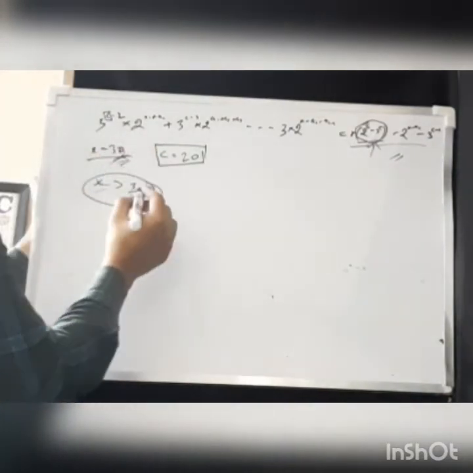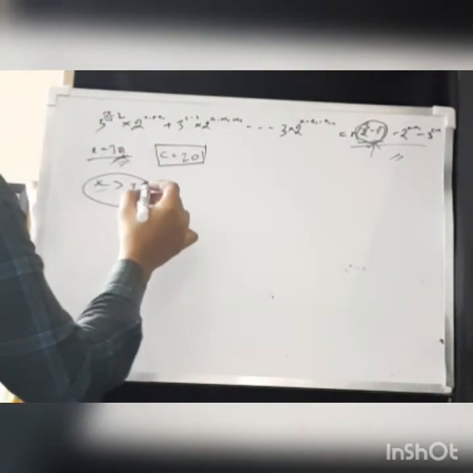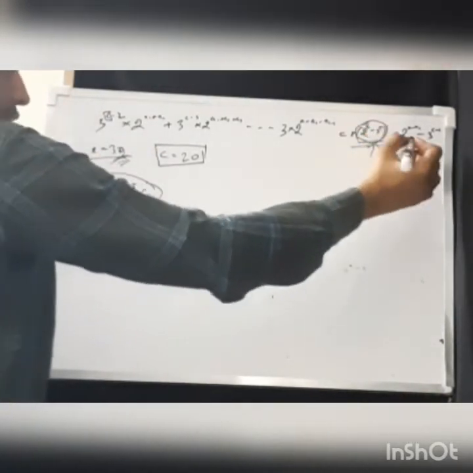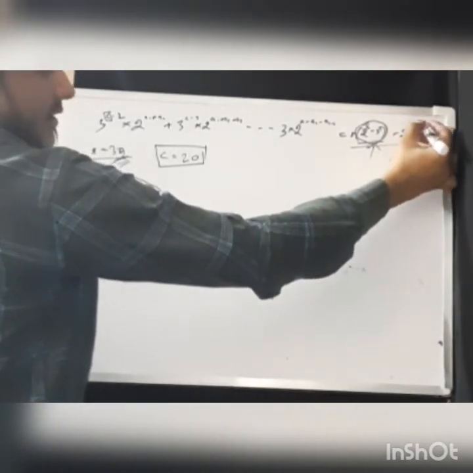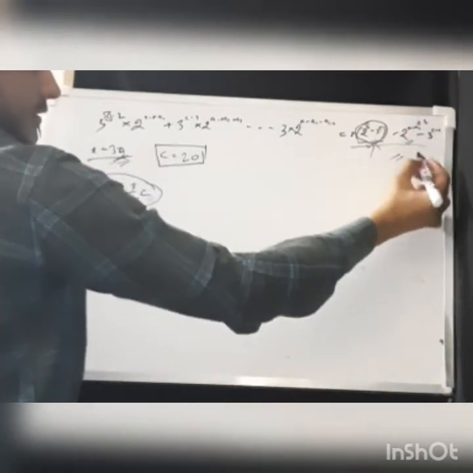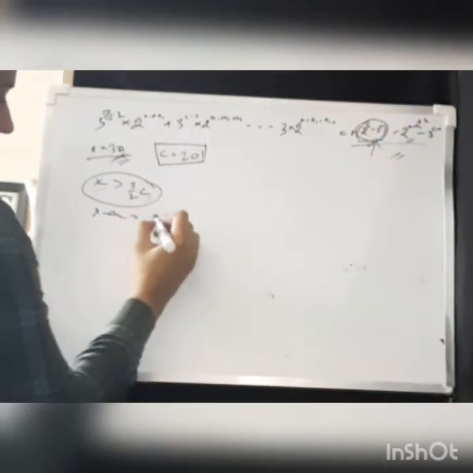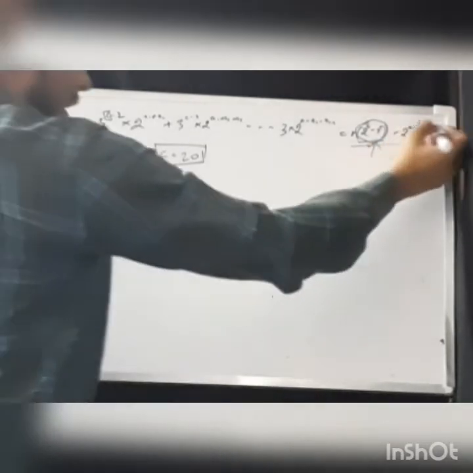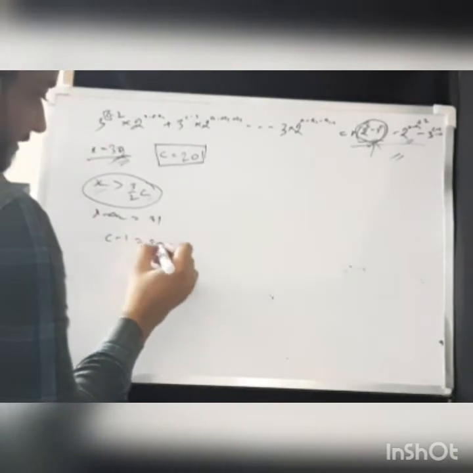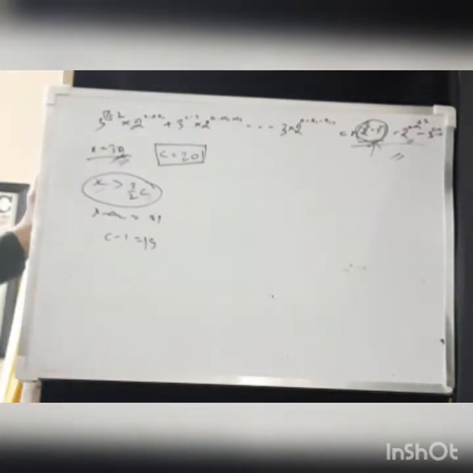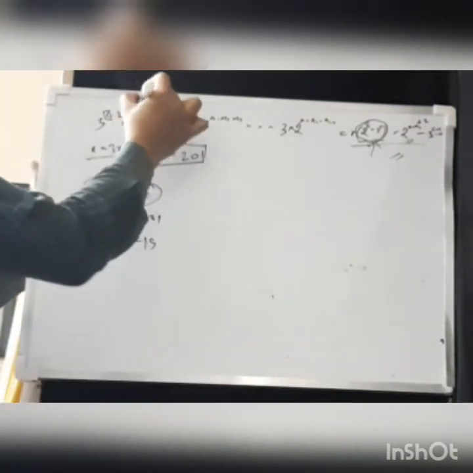So if x is equal to 32, then, because I'm maximizing this, let's say AC is equal to 1, which gives me x minus AC as 31, and this is equal to 19. C minus 1 is equal to 19. C minus 2 would be 18.